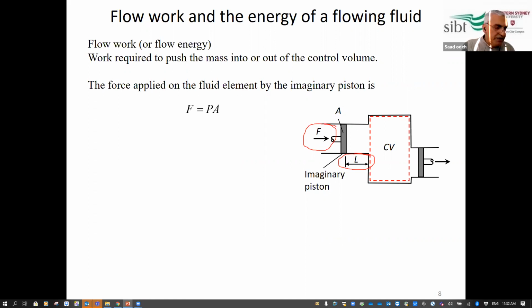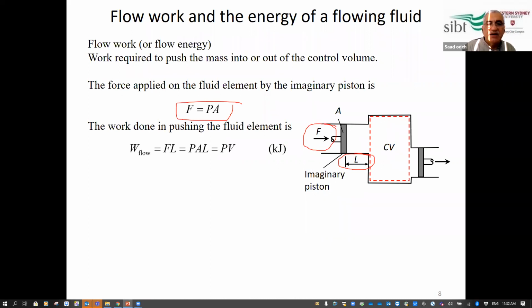F is simply the pressure multiplied by the area. Then A multiplied by L, the area multiplied by the distance, gives me the volume. So I can reduce the work equation to a PV equation. So work is equal to pressure multiplied by the volume.